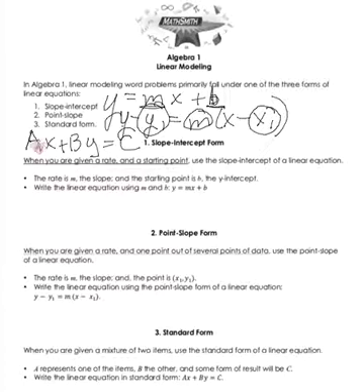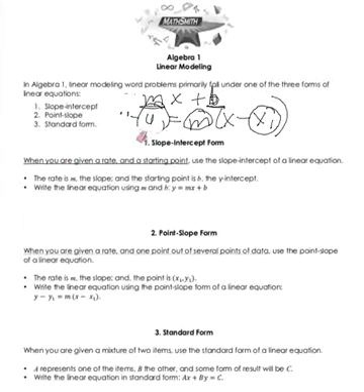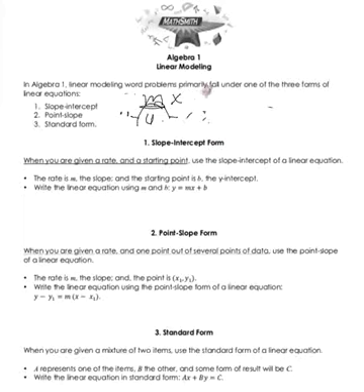Okay, so let me just clean this up just a wee bit. All right, so let's talk about slope-intercept form first. That's the first one, number one. We just went over that equation. That's y equals mx plus b. The slope-intercept form of a linear equation works best if you're given a rate, which of course is going to be your slope.